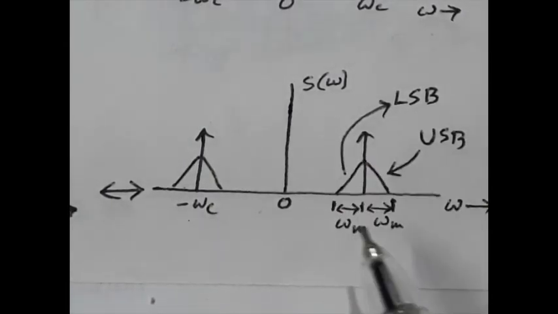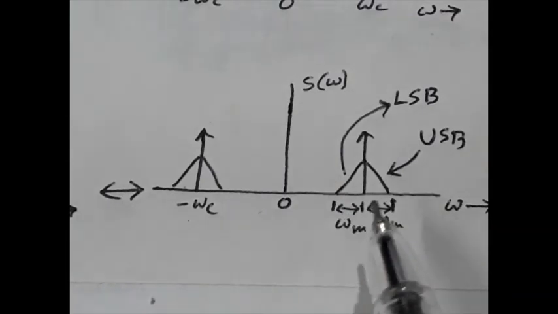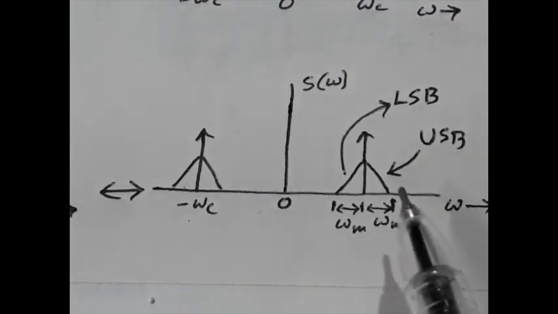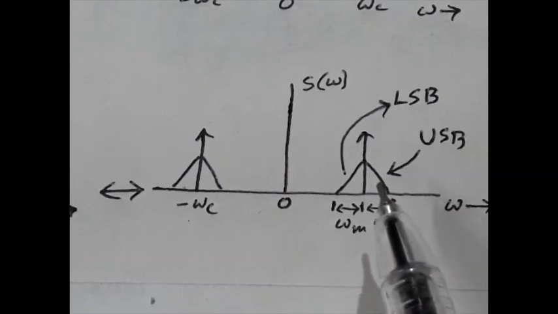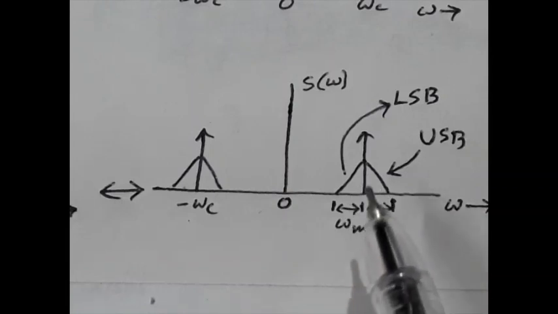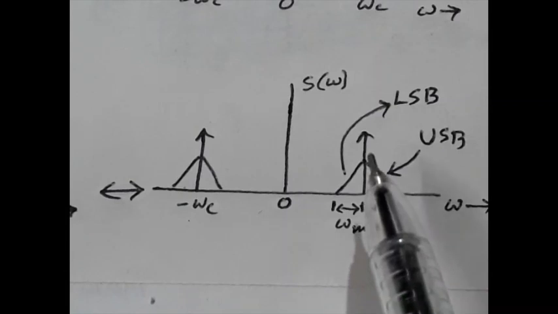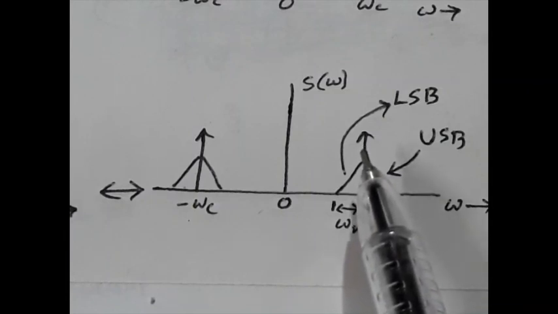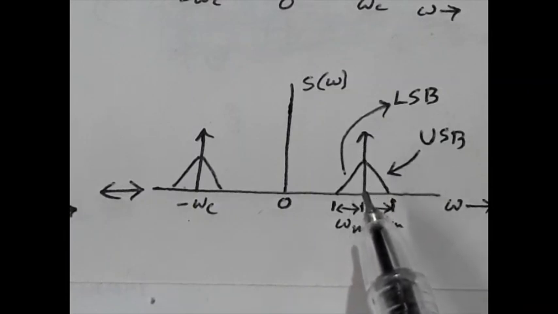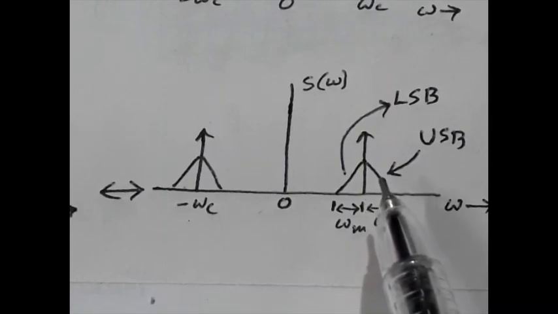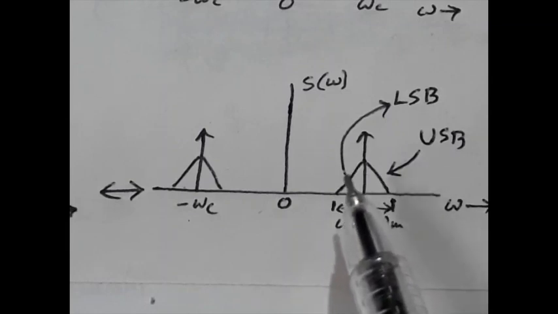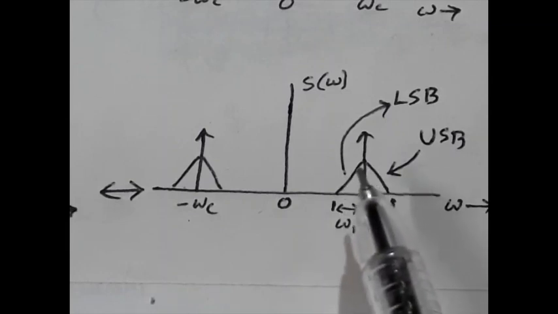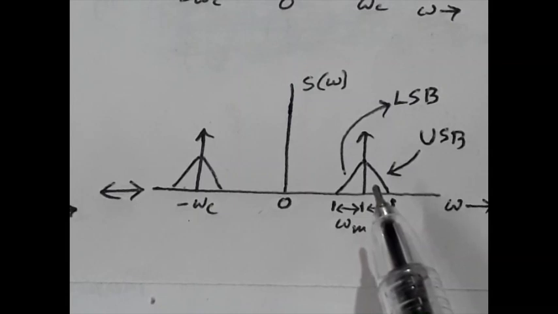So from this figure, it is clear that the spectrum of AM consists of three distinct parts. One is the carrier, this one, at frequency ωc. Now the actual information is contained within this region, because x(t) is the actual information.